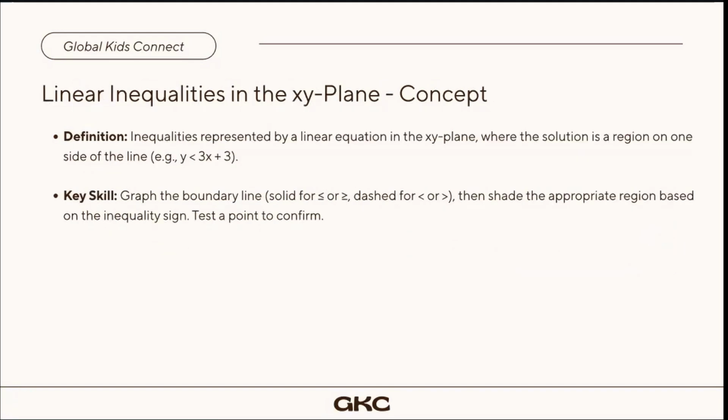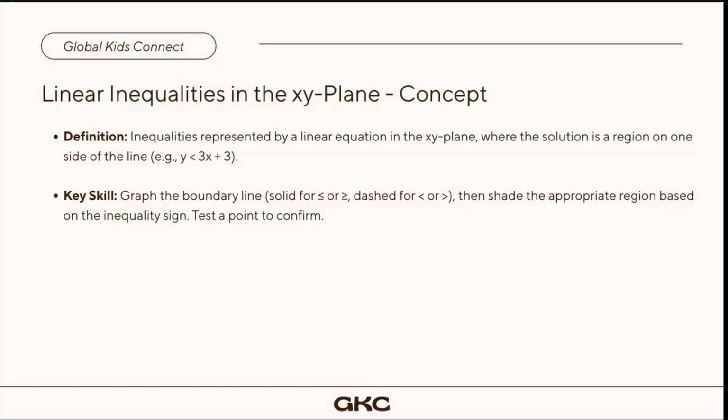And so our last concept is linear inequalities in the XY plane. The definition is that an inequality is represented by a linear equation in the XY plane where the solution is a region on one side of the line. We'll take a look at what this could mean with an example question.